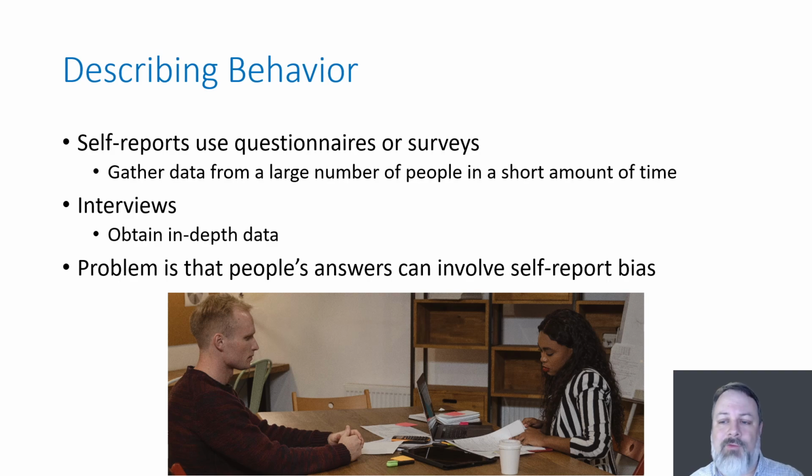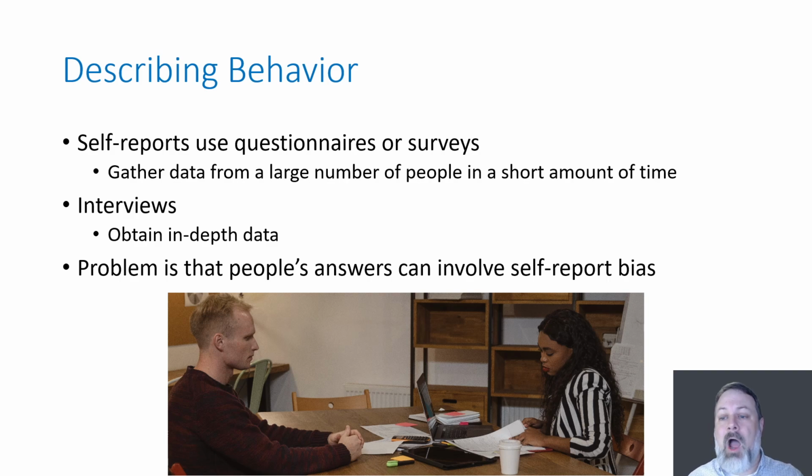Now, one thing that we have to watch out for when we're doing this type of research is that people often want to be seen as good. And so people can give answers that make them feel like they're presenting themselves in a better light. Other times, people just want to be helpful, and they give the answer that they think the researcher wants or should get, because they think they're helping the experiment.